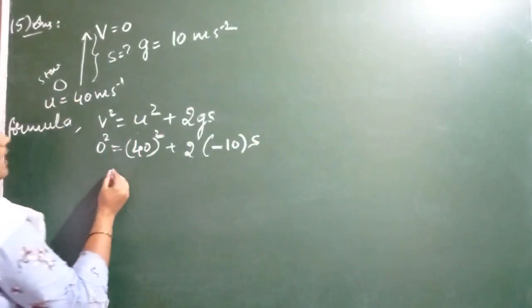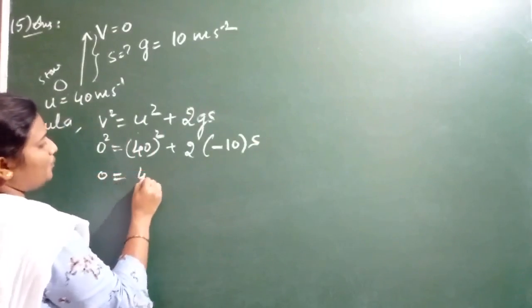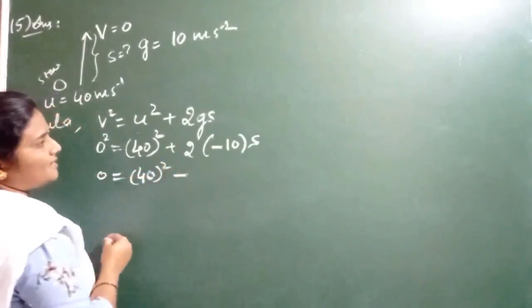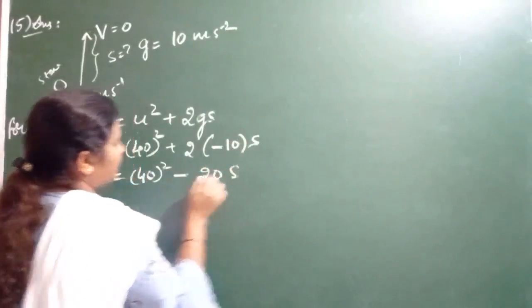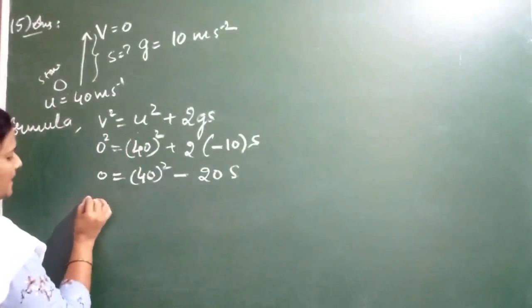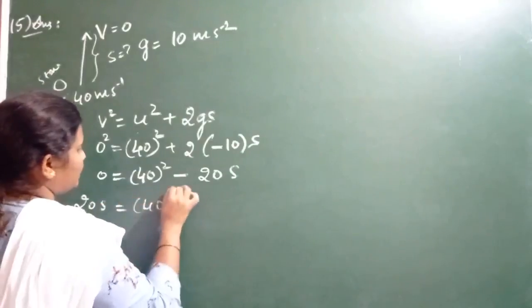So now this can be written as 0 equals 40 whole square minus 20s. Yes, if this goes to this side, what does it become, children? Plus 20s equals 40 whole square.